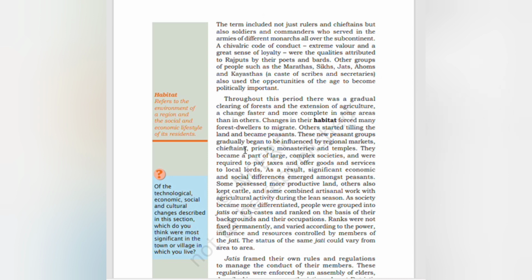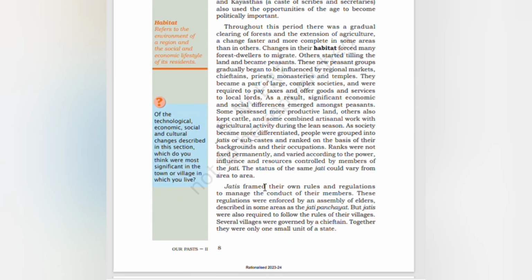These new peasant groups gradually became influenced by regional markets, chieftains, priests, monasteries, and temples. They became a part of large complex societies and were required to pay taxes and offer goods and services to local lords. As a result, significant economic and social differences emerged among peasants.